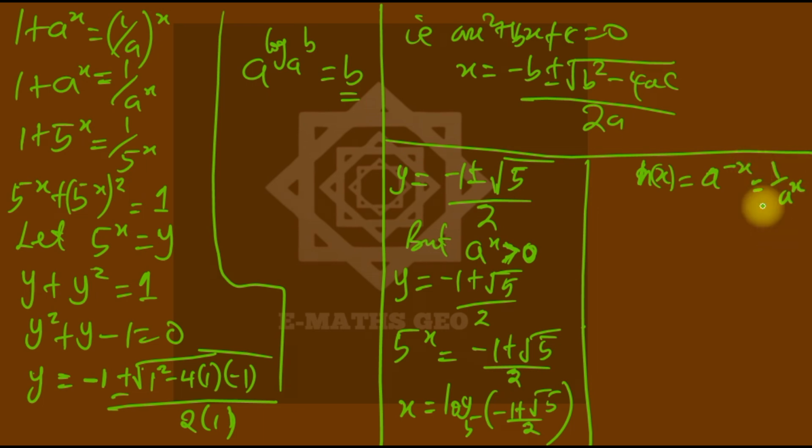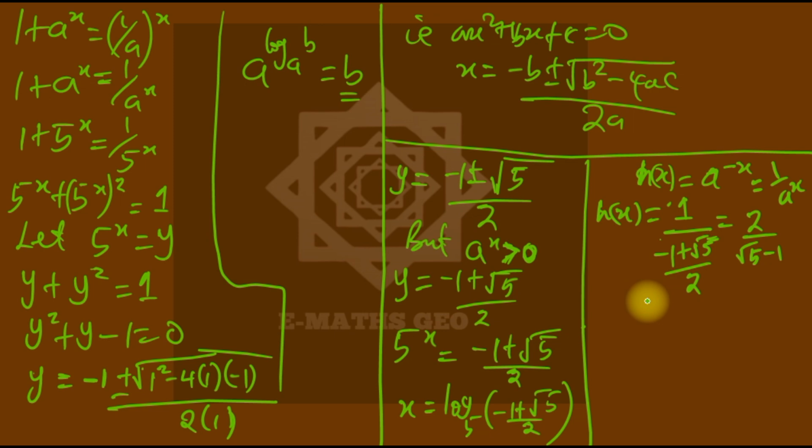They are the same. By the laws of indices this is equal to 1 over 5 raised to power x, and we know that 5 raised to power x is minus 1 plus root 5 over 2, which we can write as root 5 minus 1 over 2.